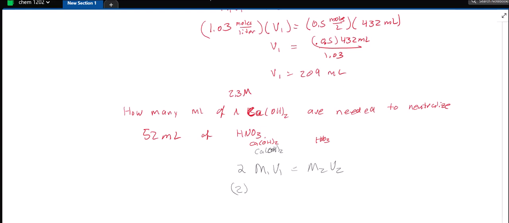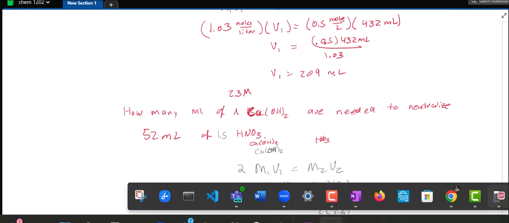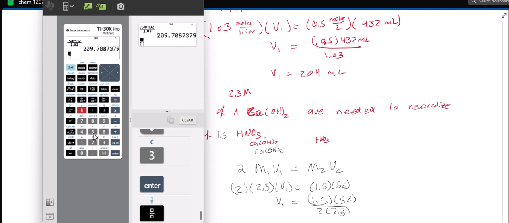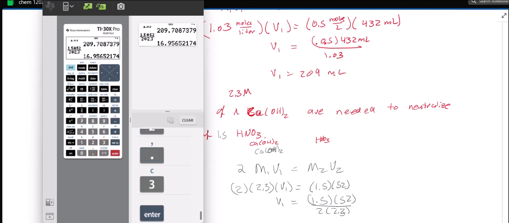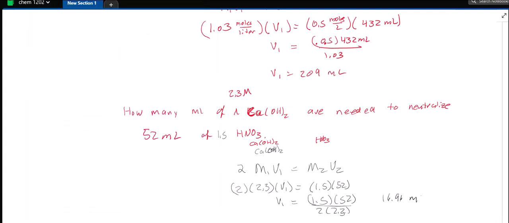So this will be 2 times 2.3 times V1 equals, I needed to have a molarity here, let's say 1.5, 1.5 times 52, or V1 equals 1.5 times 52 over 2 times 2.3. And that gets me 16.96 milliliters.